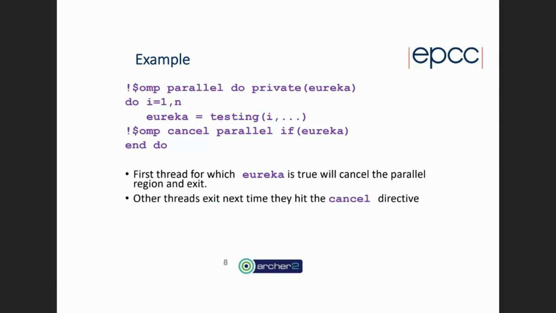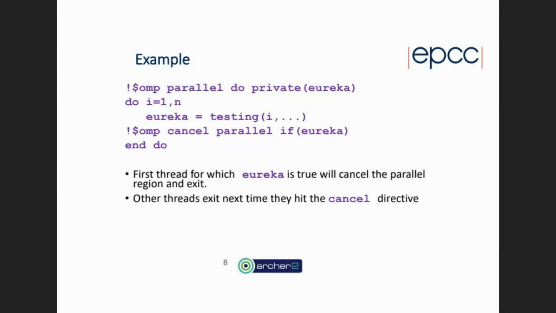It's an alternative to support a break inside an OpenMP parallel region. It's more useful because the cancel can be anywhere down inside the call tree.